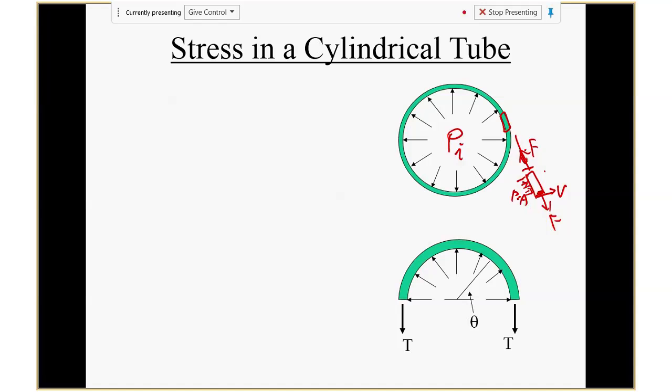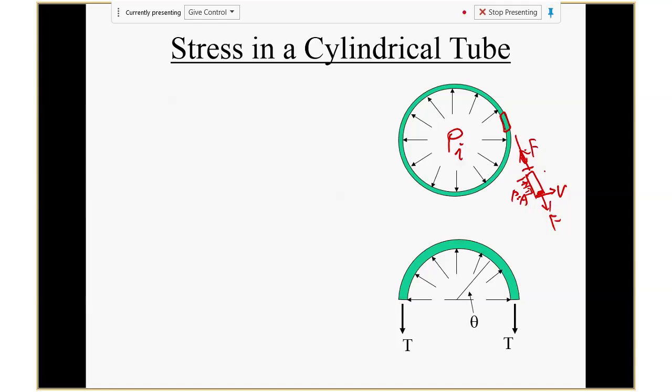Okay, now, can we find out what's the tension force and what's the shear force? You have to make a cut, write the equation of equilibrium, and find it, right? That's the general way you can find it.